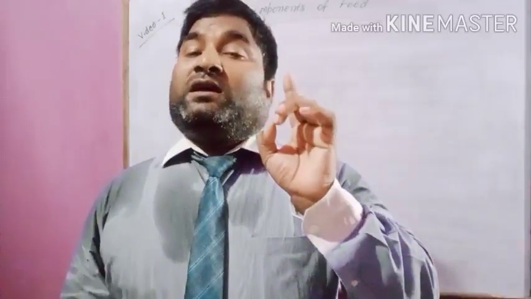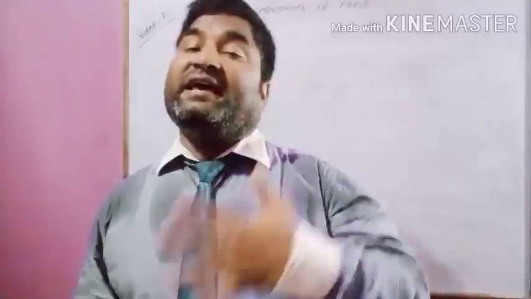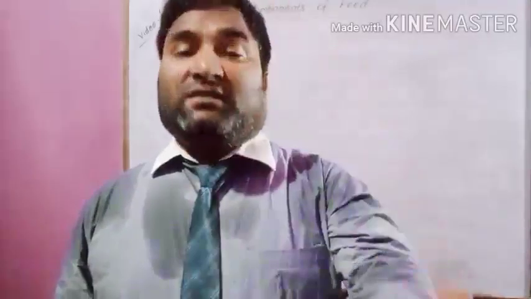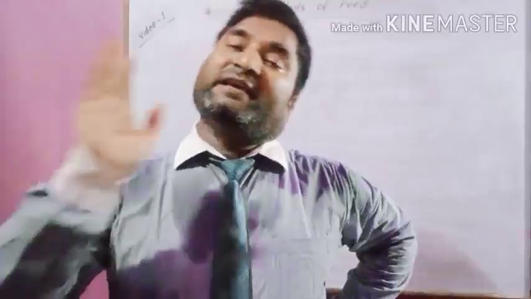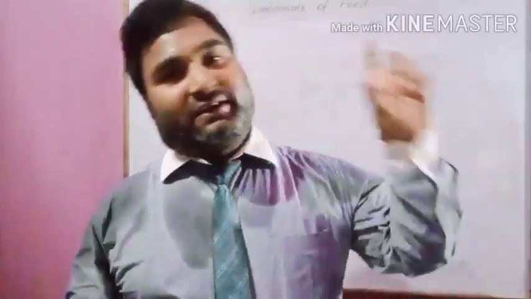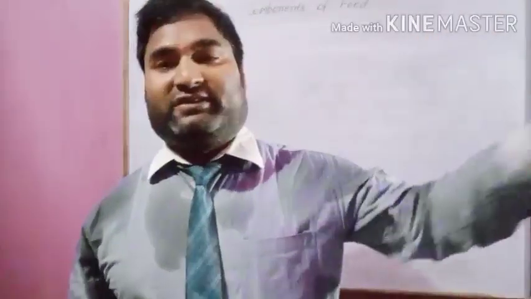This balanced diet is essential for proper growth of the body. It depends upon the age of the person, sex of the person, and the work of the person. For example, take a farmer who is 35 and a person who is 35 working in an office in a multinational company, sitting in front of a computer.